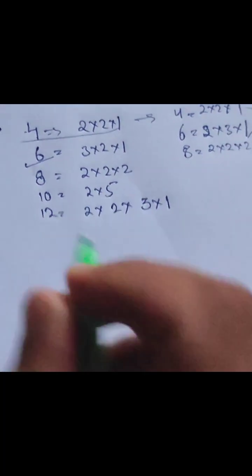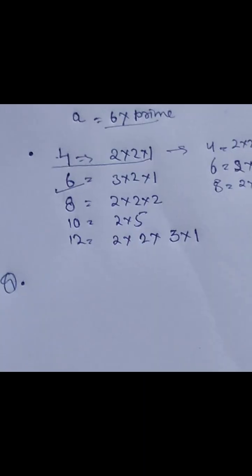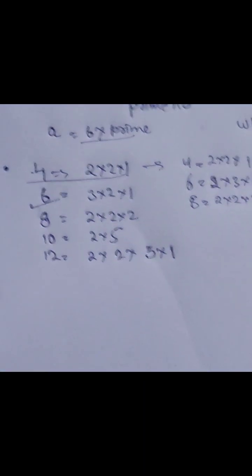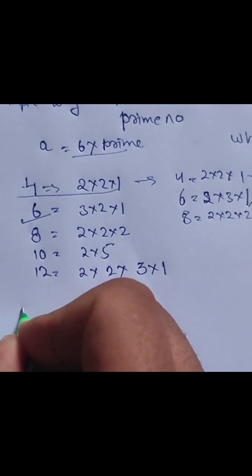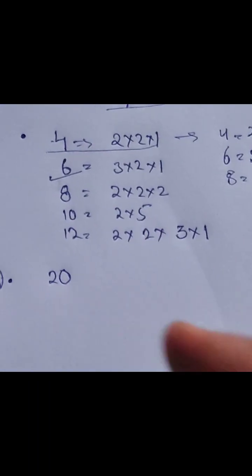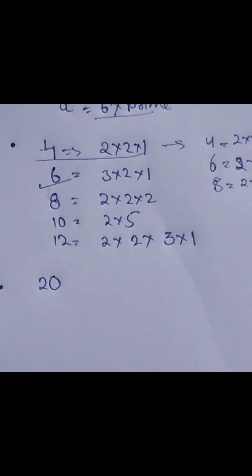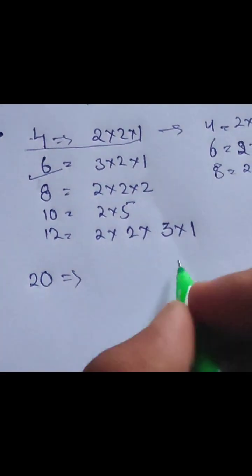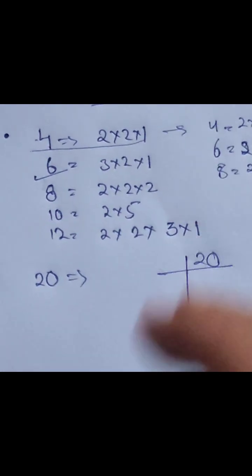Okay, for example, I have questions in a random way, going from small to big. First we go with 20. According to the fundamental theorem, let's factorize 20 into prime numbers. First we write the 20 in this way.